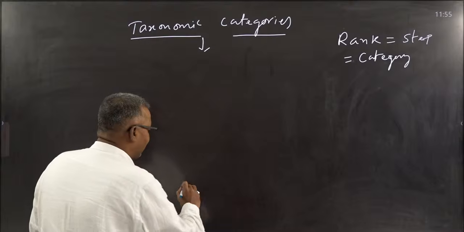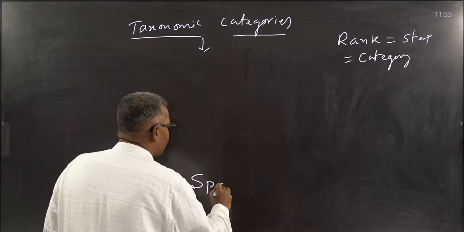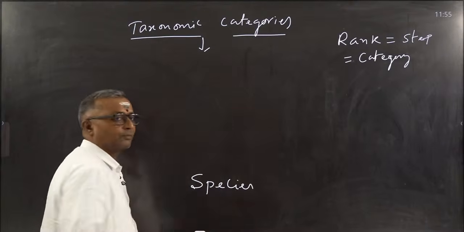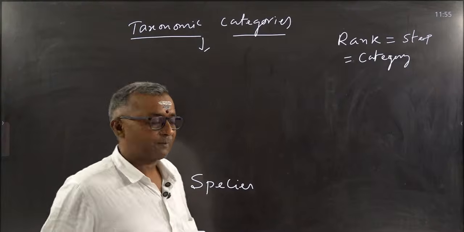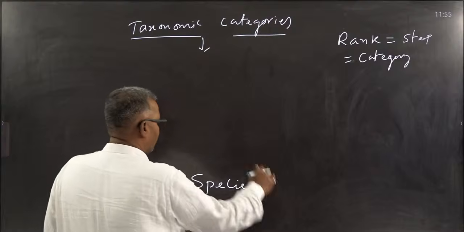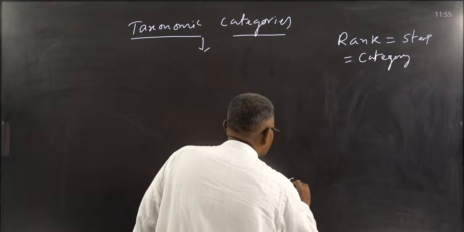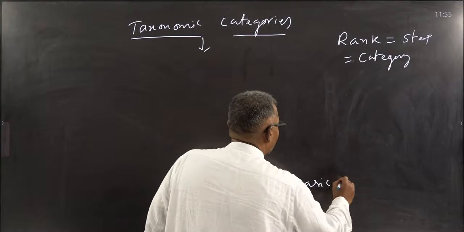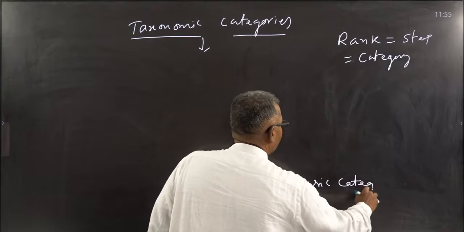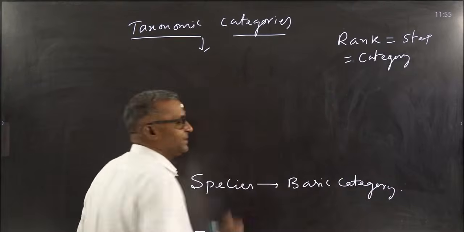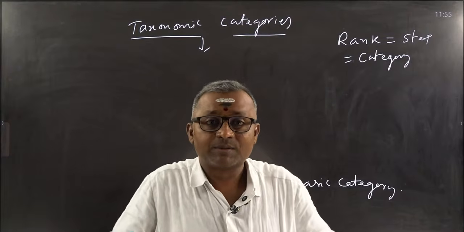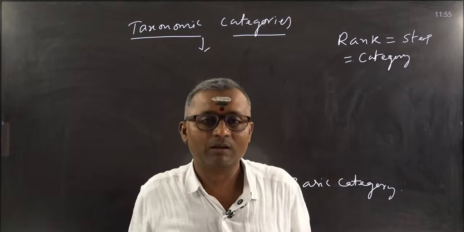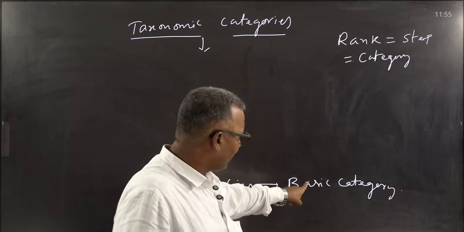Now let us look into the different categories. The basic category is species. What is the basic category? Species. Species is the basic category. At the species level, all the organisms are fundamentally similar.